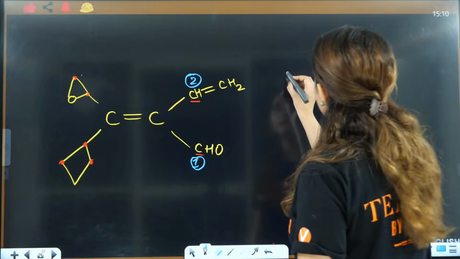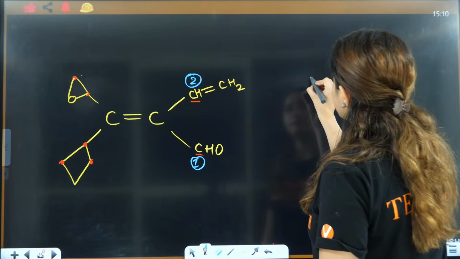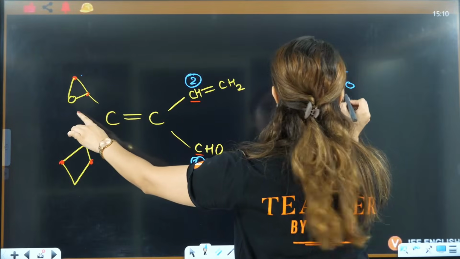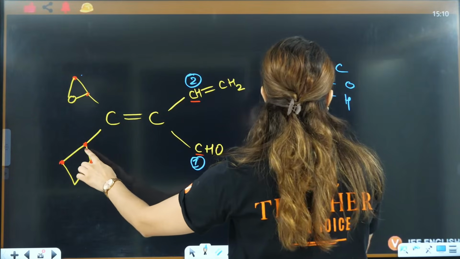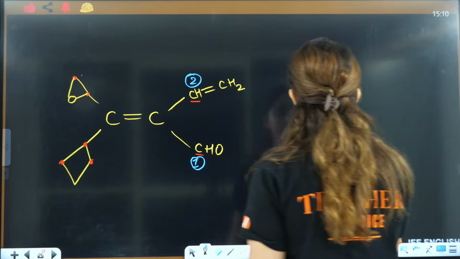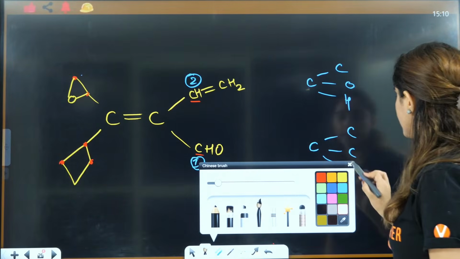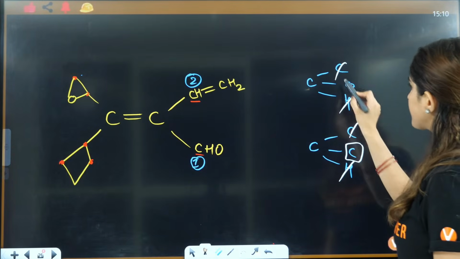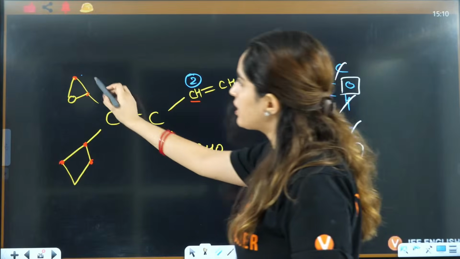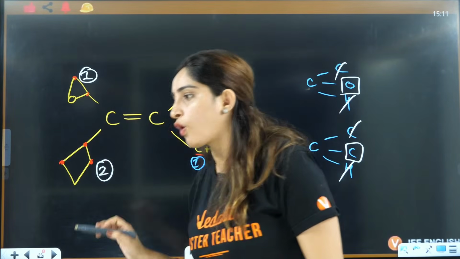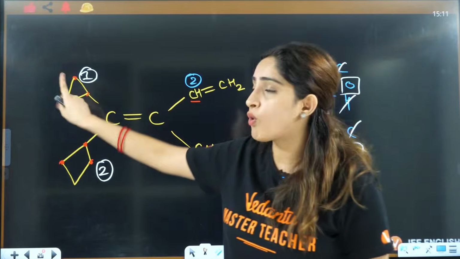Now if you see here what you will have, this carbon is connected to 1 carbon and 1 oxygen and 1 hydrogen. This carbon is connected to 1 carbon and then 1 hydrogen. So can you see here, hydrogen will cancel, carbon will cancel, carbon and oxygen is a differentiating point. So even though it has less number of carbons in the overall ring, that has more priority.